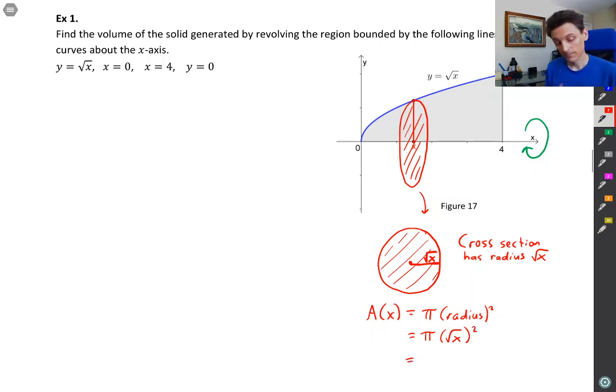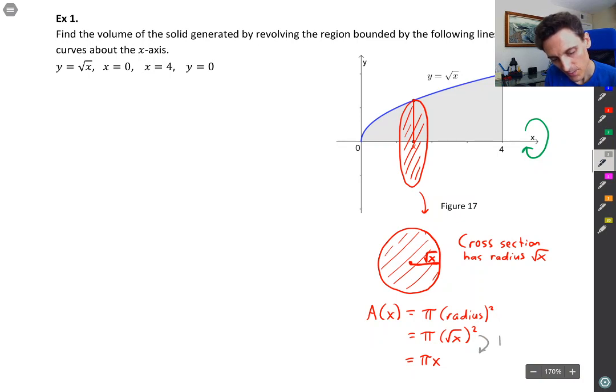Now the square will undo the square root of x, at least for positive x values. This will be the same thing as pi times x. This is assuming that x is greater than or equal to 0, but for all the x values across our interval, this is true. So our area of our circles is going to be given by this formula, pi times x, it turns out.